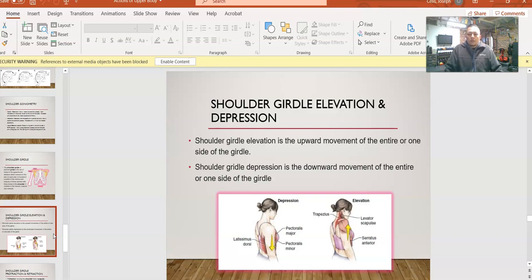My shoulders go up towards my ears. Depression is moving down away from my ears. So that's elevation and depression. Understand that even though the shoulder girdle is one unit, one part of the shoulder girdle can elevate and the other part can depress. And you see that with a lot of sport-specific movements.